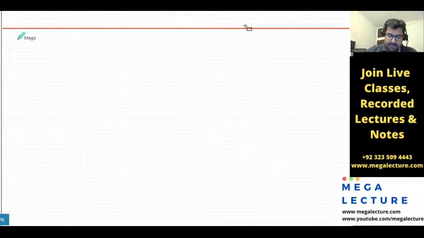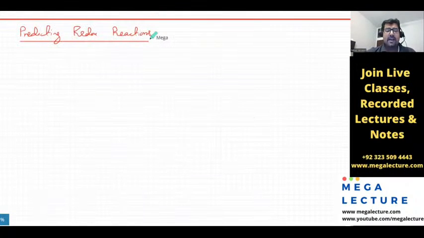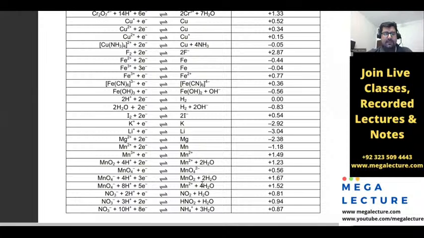So predicting redox reactions now directly without drawings. So predicting redox reactions. So for example, I'm going to take two random equations from the data booklet. Completely two random equations.